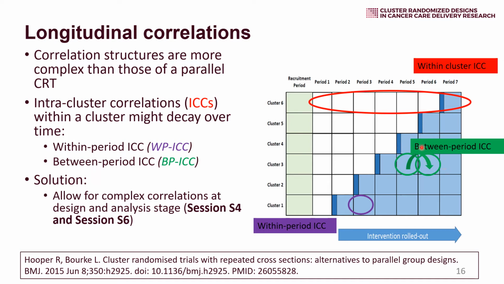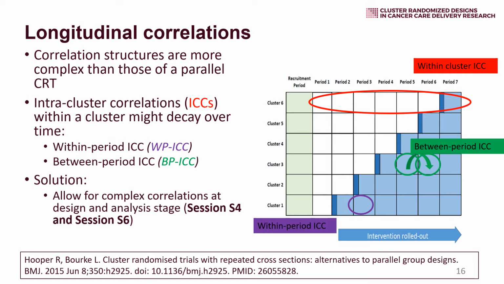Whereas the within period ICC represents the correlation between two observations within the same cluster and the same period. It's anticipated that two observations within the same cluster period will be more highly correlated compared to two observations in the same cluster, but in two different periods.